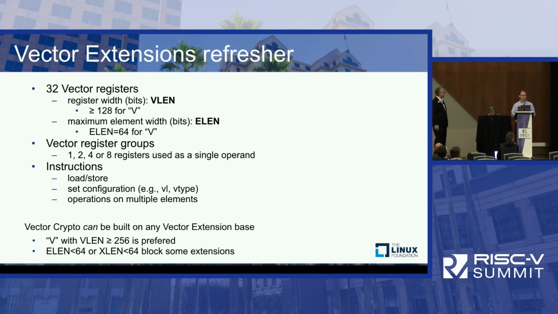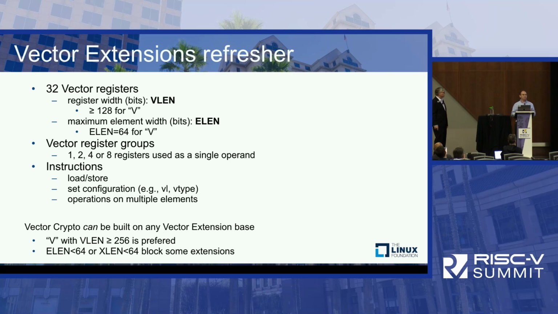So, quick refresher on the vector extensions. The vector extensions have 32 registers, and there are two parameters that all vector implementations have. One is VLEN. It's the length of the vector, or some may think of it as the width. How many bits are in each vector register?